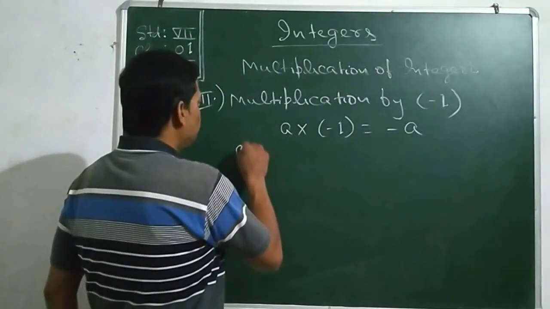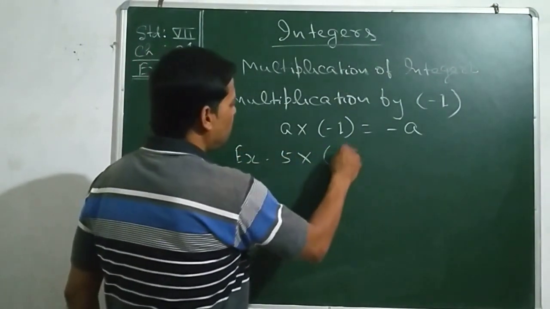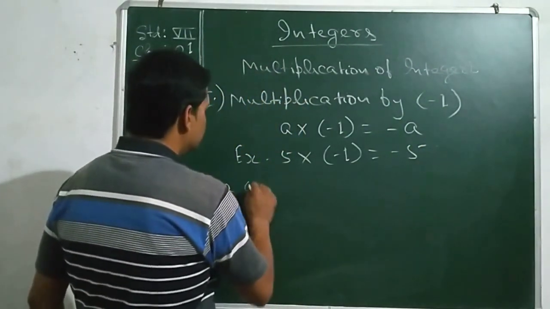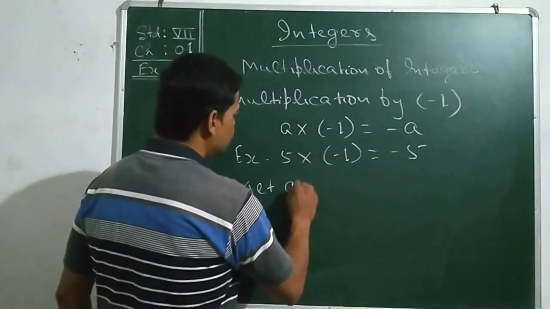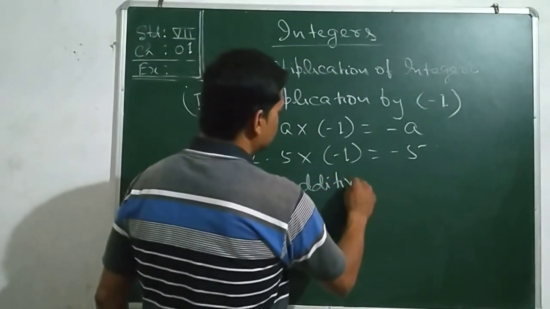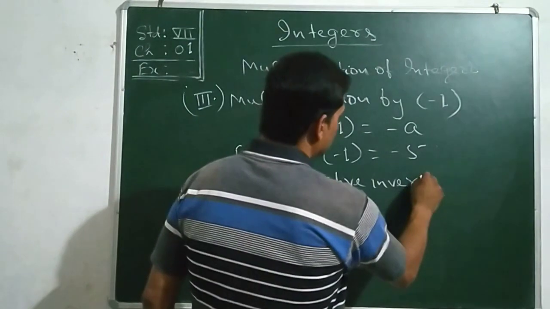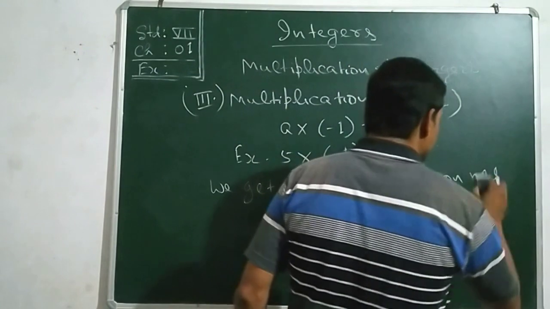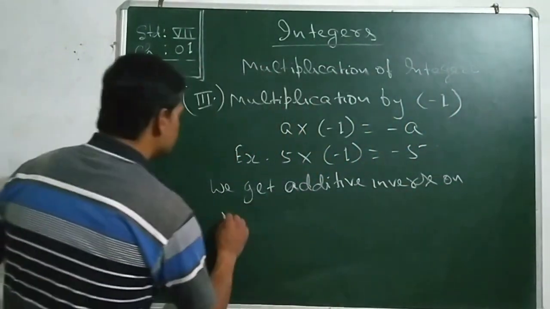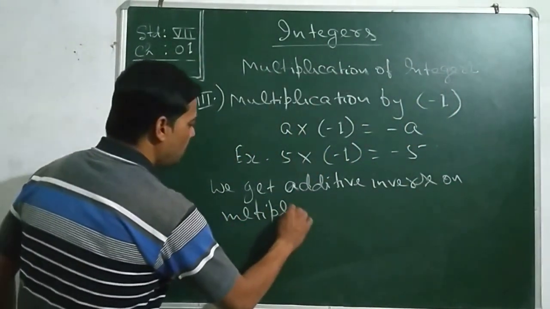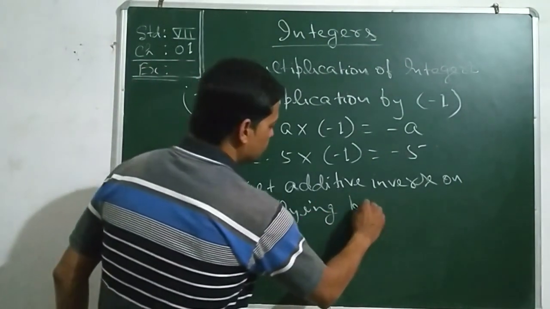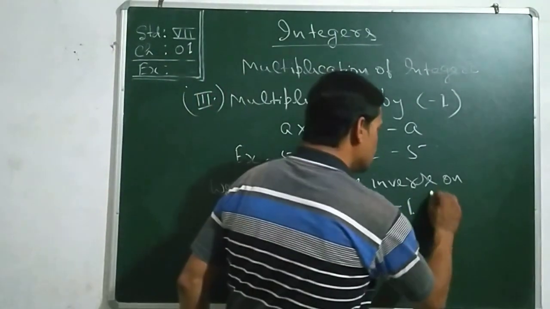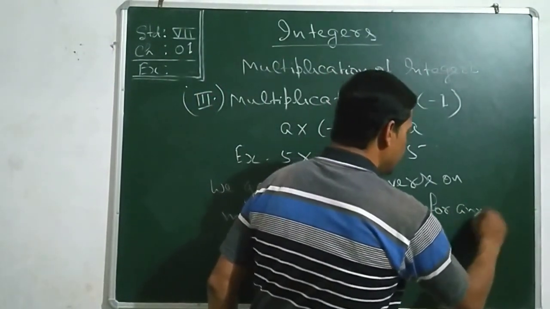Yes. Example, 5 into minus 1 equals minus 5. We get the additive inverse on multiplying by minus 1 for any integer.